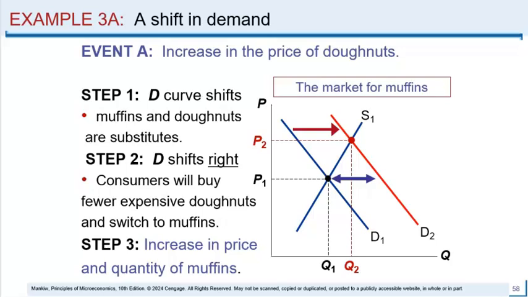So how does this shortage go away and the new equilibrium point is restored? Market forces will move upward along the demand and supply curves until the shortage is eliminated and we reach the new equilibrium at P2 and Q2.